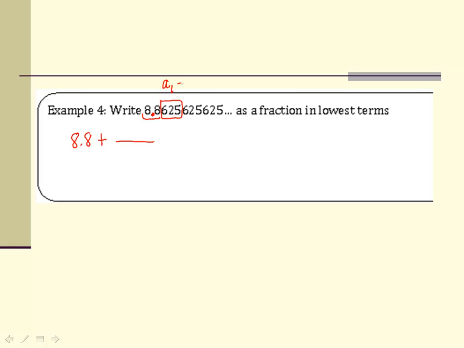So our a sub 1 is going to be 0.0625. Our r repeats every 3, so every 1,000th. And since it repeats every 1,000th, it's 0.001. So here I go, 0.0625 over 1 minus 0.001.